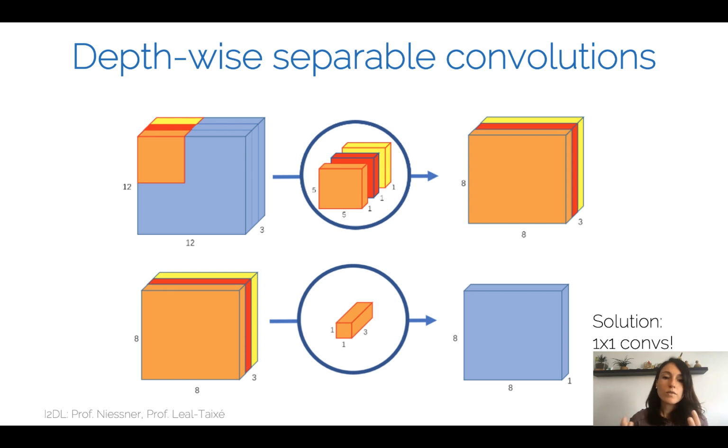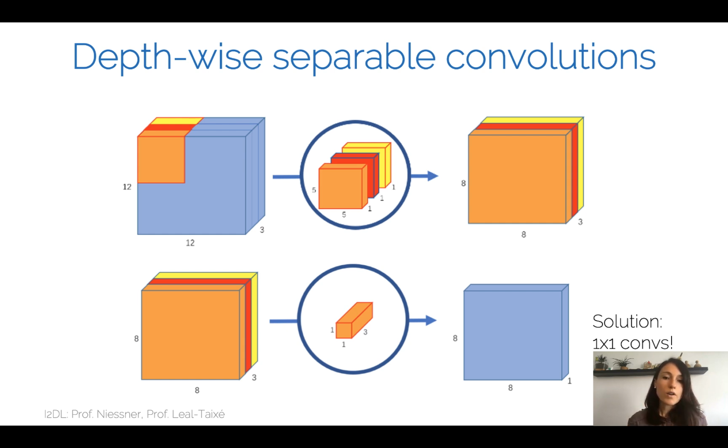So what do I do really with this output, which now has depth 3? Well, the solution here again is the 1x1 convolution. So I first perform my depth-wise separable convolution, and I then use a filter of 1x1x3 in order to change the depth of my representation to be only 1.